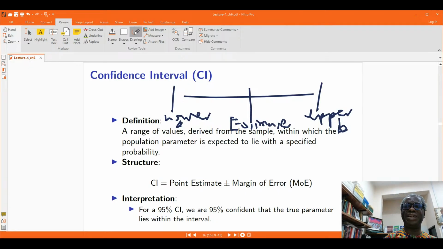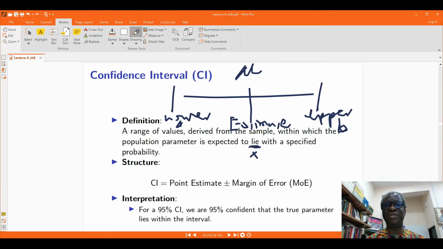For instance, if this is the X bar, then you are saying the unknown population parameter or the unknown population mean is between the lower and the upper values, between the minimum and the maximum values.